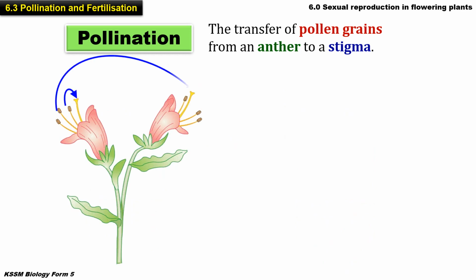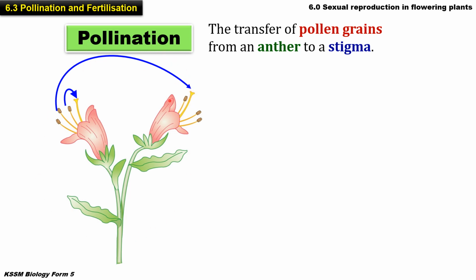Alright, look carefully. These two flowers are located in the same plant. So, pollination can occur within one flower, where the pollen grain from the anther goes to the stigma of the same flower, or between two different flowers on the same plant, where the pollen grain is transferred to the stigma.